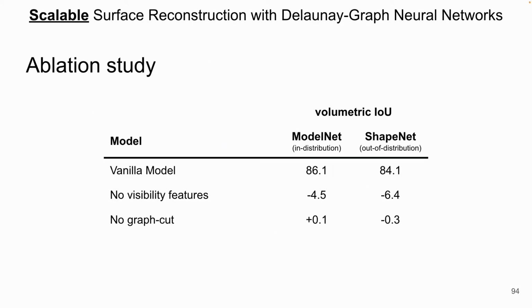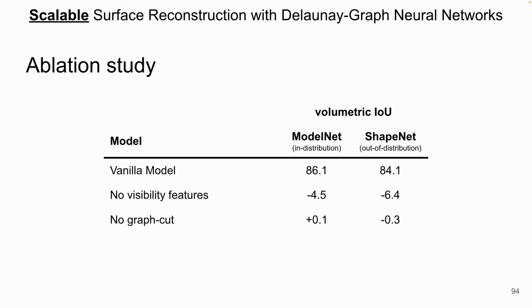Now lastly, we did an ablation study where we trained on ModelNet and tested on ModelNet and ShapeNet. Again, if you're interested in the full study, you can have a look in the paper. But I just wanted to mention two things here. The first is that we see with DGNN the same that I have said many times: visibility information helps the network a lot, and even more so in the out-of-distribution setting here on ShapeNet.